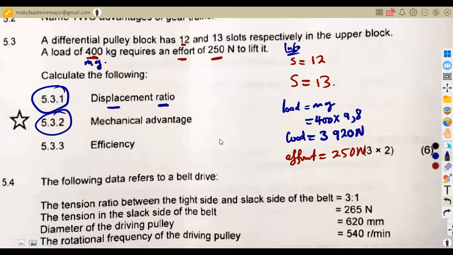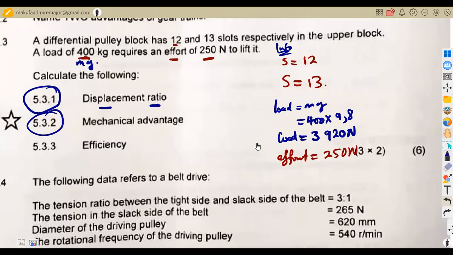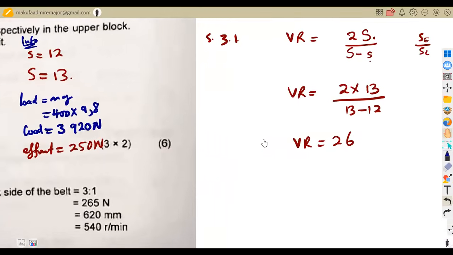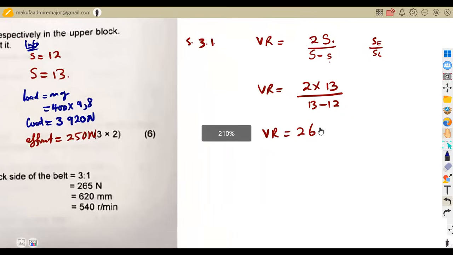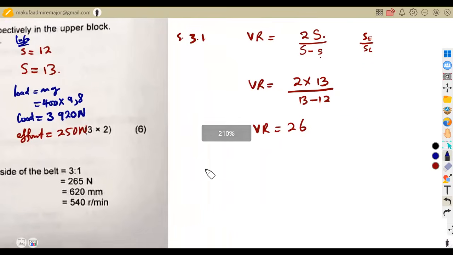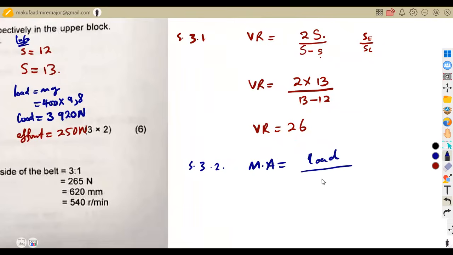So at the same time, we are supposed to calculate the mechanical advantage. As we know, our mechanical advantage is always the load over the effort in this case. So meaning we're supposed to have 5.32 from our mechanical advantage, which is taken from the load over the effort. So we have the load in this case, but take note, it must be in newtons in this case.